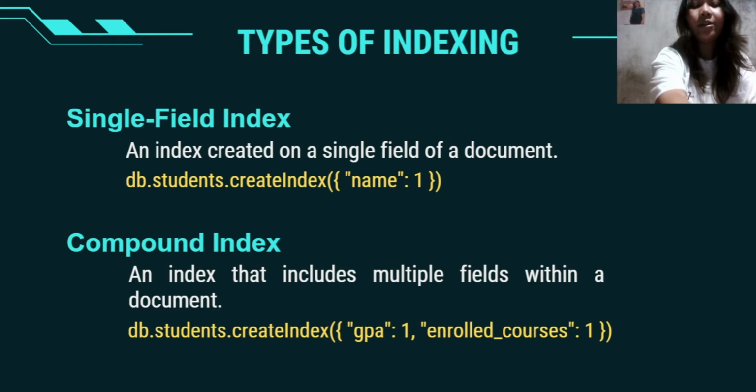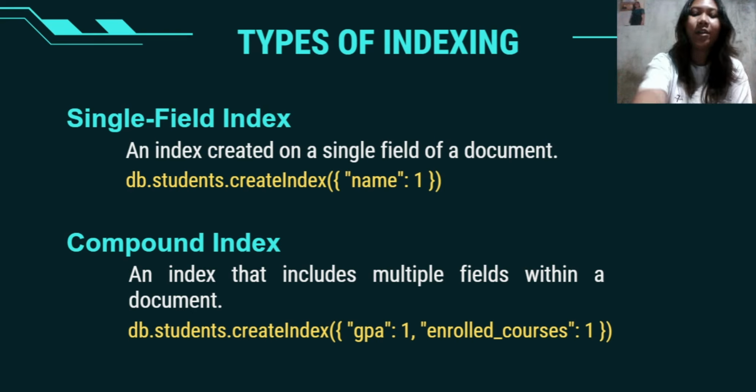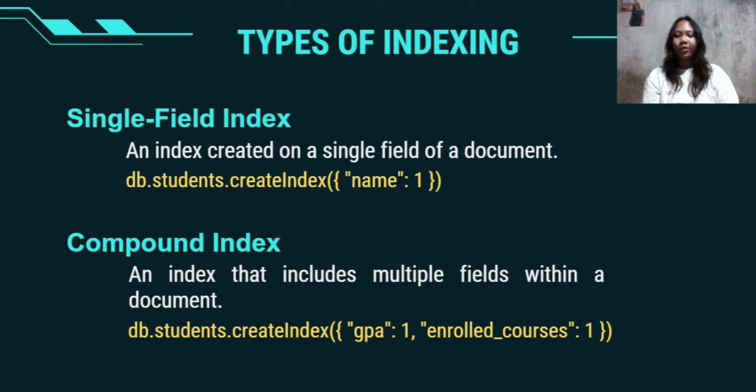These students here is our collection name that we created sa MongoDB natin. Then, yung create index, yun yung pag-create natin ng index, which is dito sa sample code natin, yung gagawan natin ng index is yung name na naka-sort into ascending order.